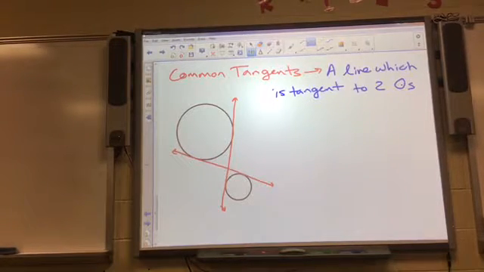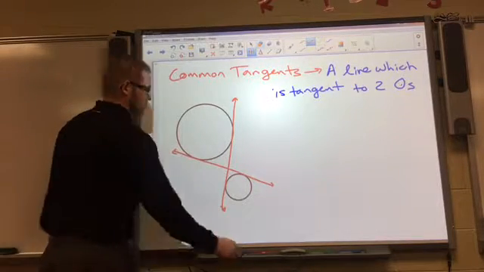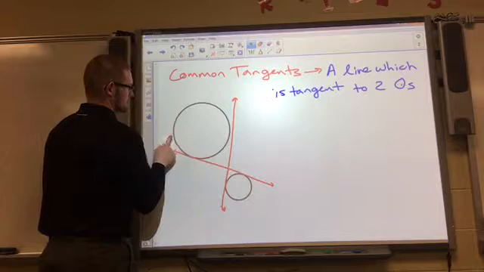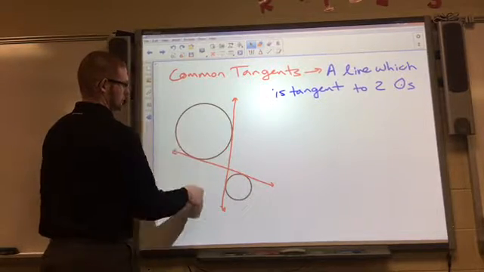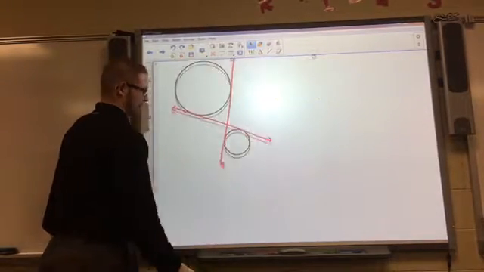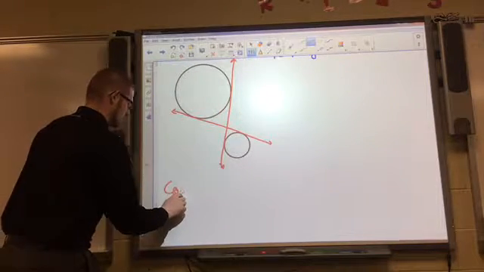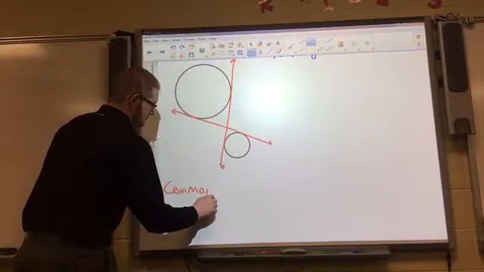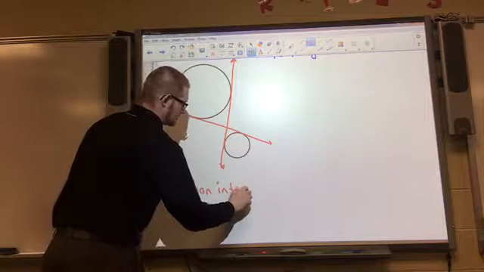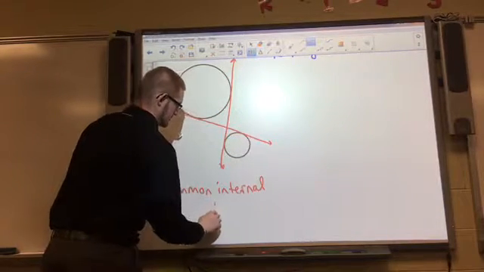Okay. Those are common tangents, correct? They're tangent to two circles. Now, this, or these red lines, are called common internal tangents.